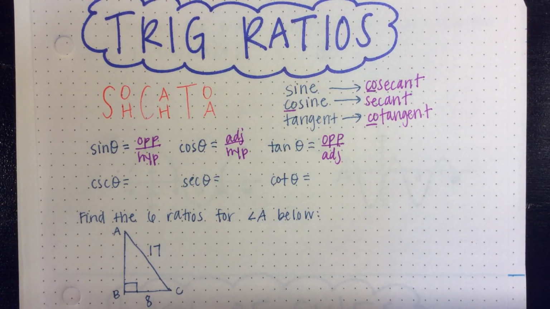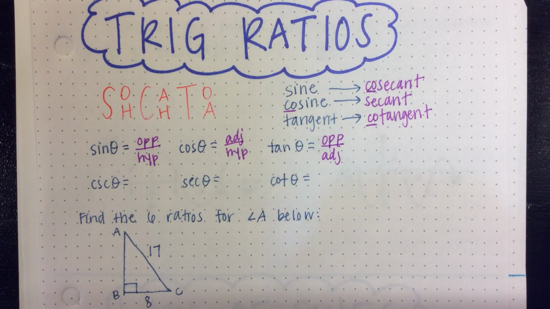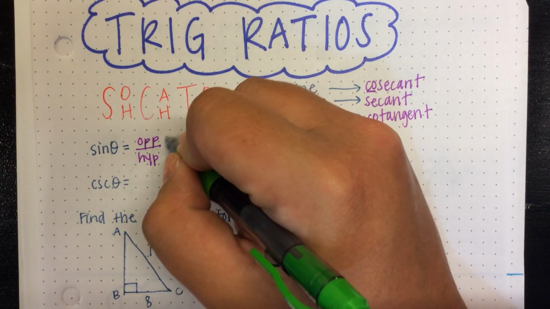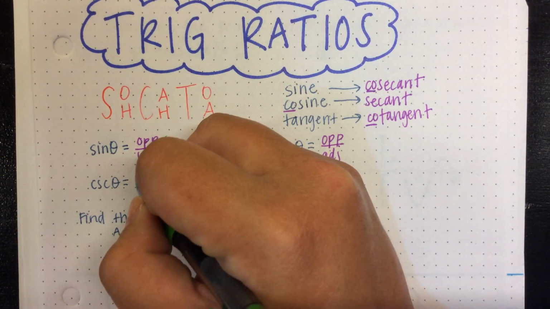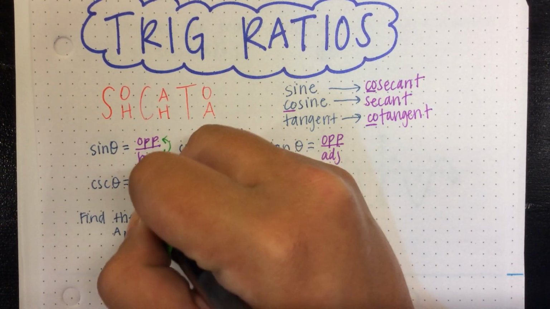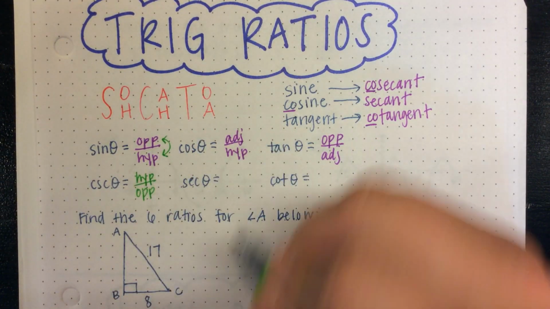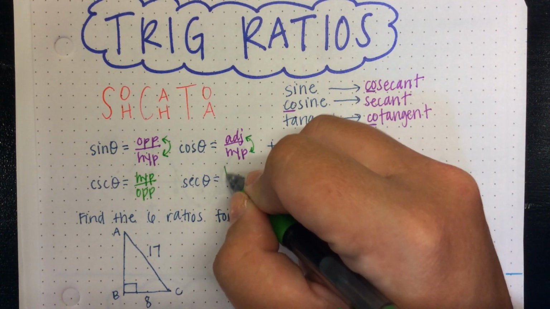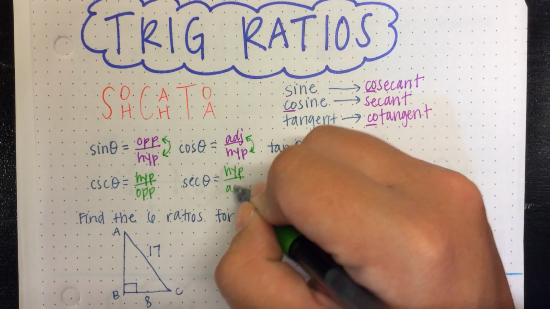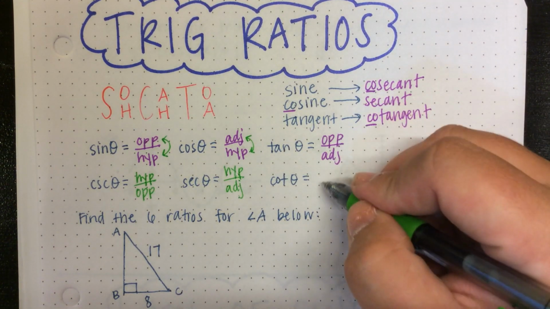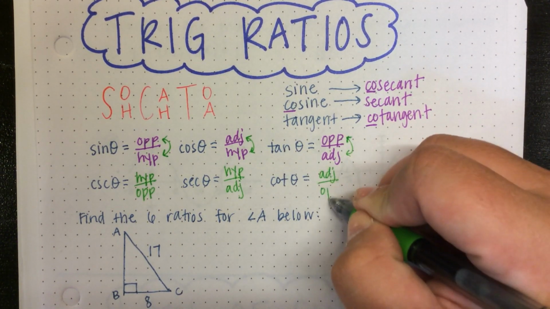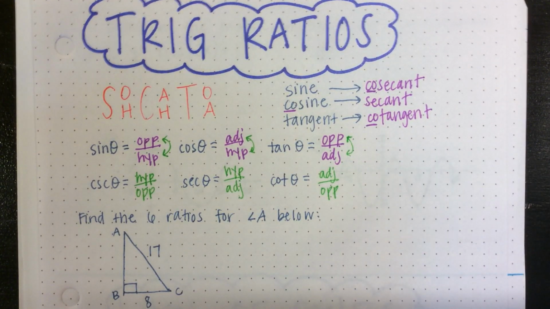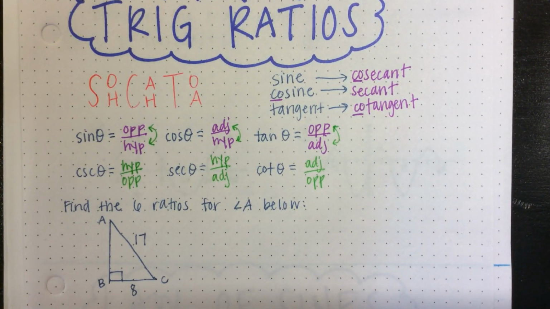Now I can use that to figure out cosecant, secant, and cotangent. Cosecant flips sine, so instead of opposite over hypotenuse, it's hypotenuse over opposite. Secant flips cosine, so we have hypotenuse over adjacent. And cotangent flips tangent, so we have adjacent over opposite. Right? They're actually reciprocal ratios.